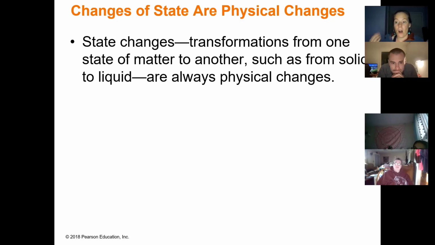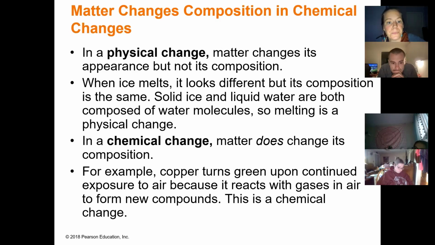And people see that and they're like, oh my God, that must be a chemical change. But it's actually not. Both of them are iodine. They just happen to have very different appearances in different phases. So in a physical change, matter changes its appearance, but it's not changing its composition. That shift from iodine going from a solid to a gas, it's changing color, but we would still just classify that as a physical change.